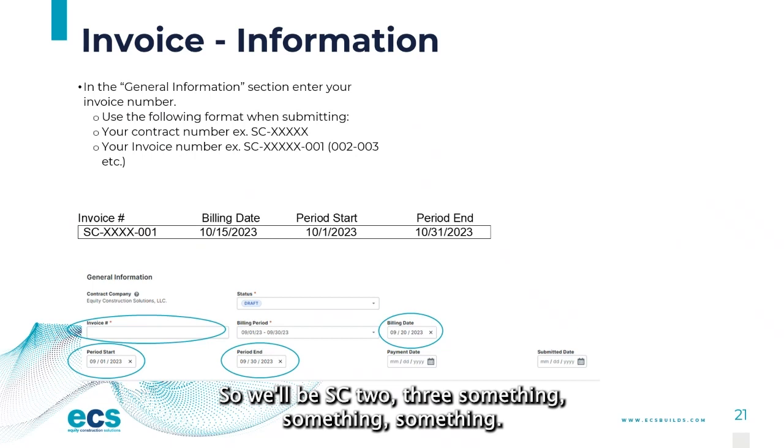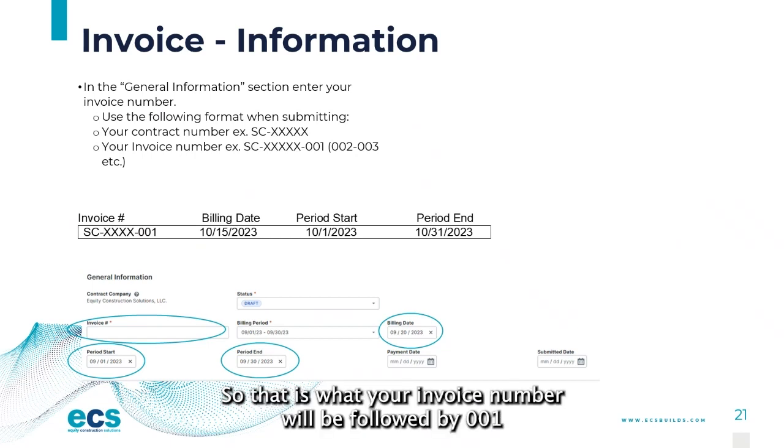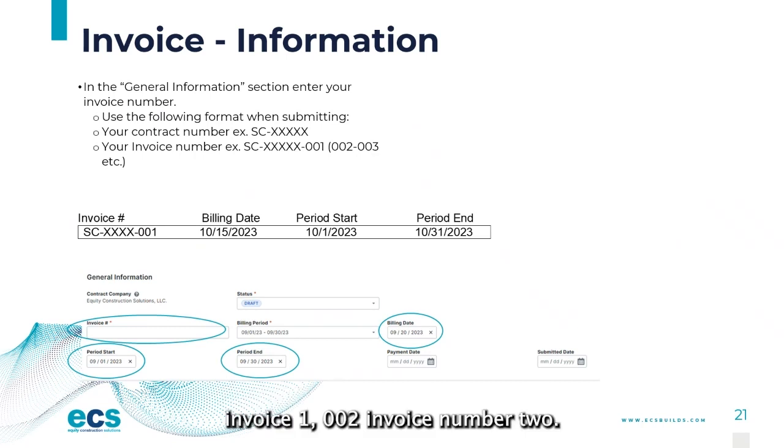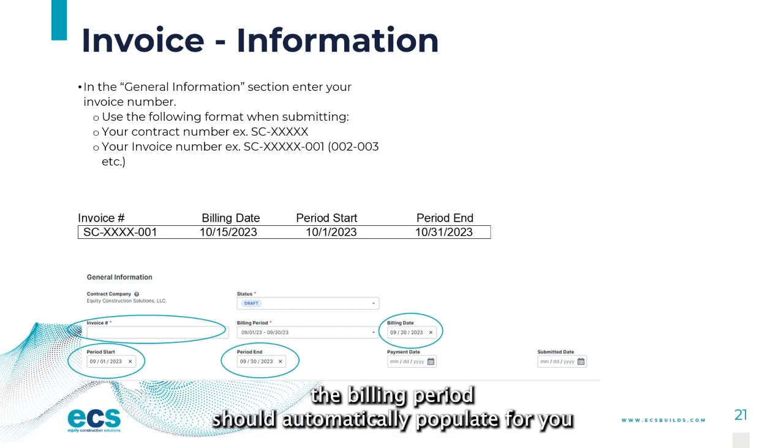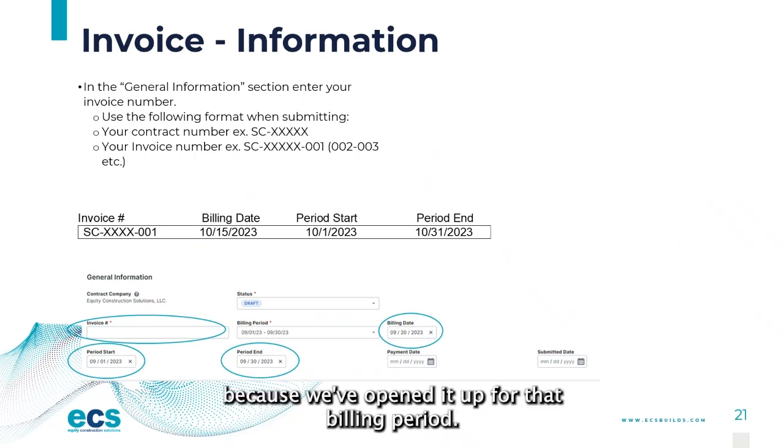So it will be SC 23 something something something, followed by 001 for invoice 1, 002 for invoice number 2. That is what goes in your first field under invoice number. The billing period should automatically populate for you because we've opened it up for that billing period.